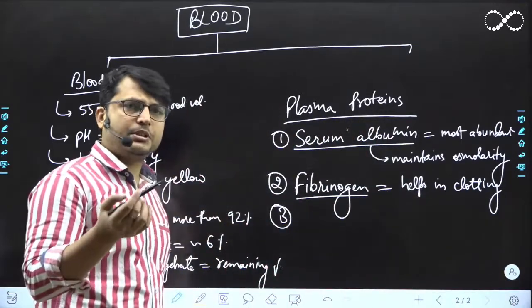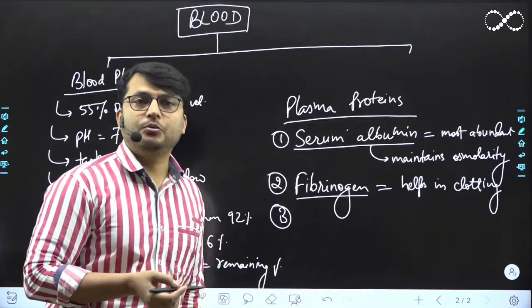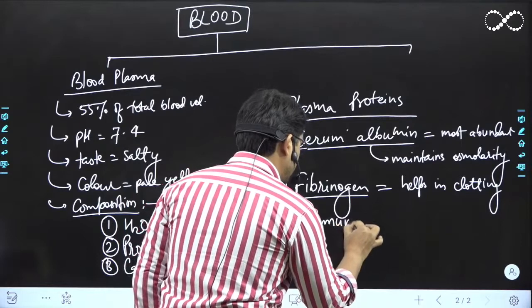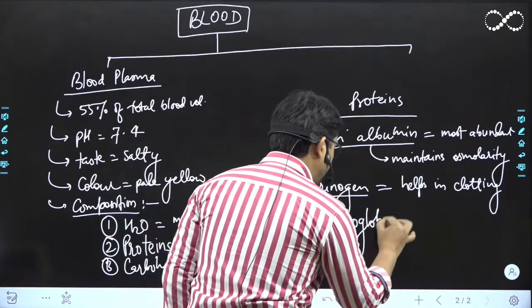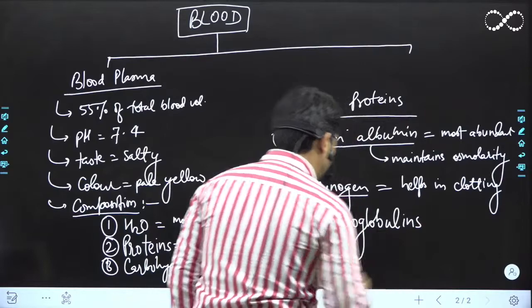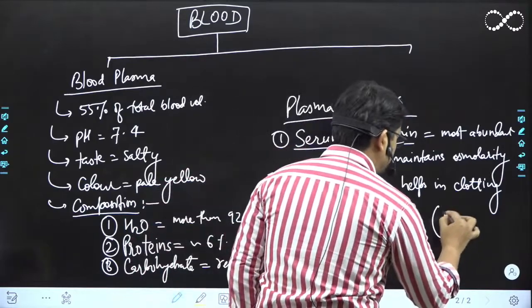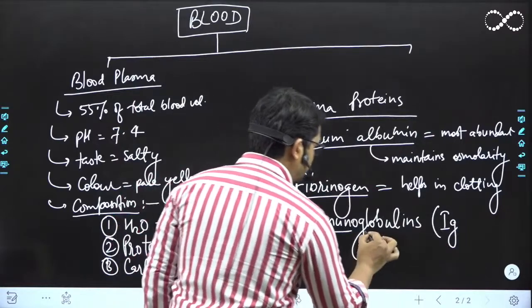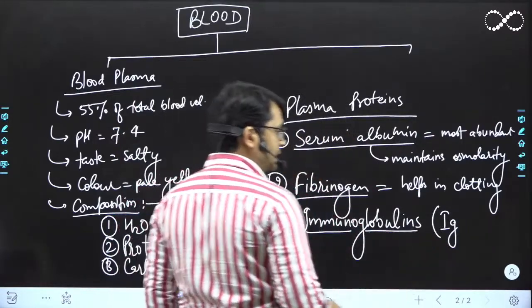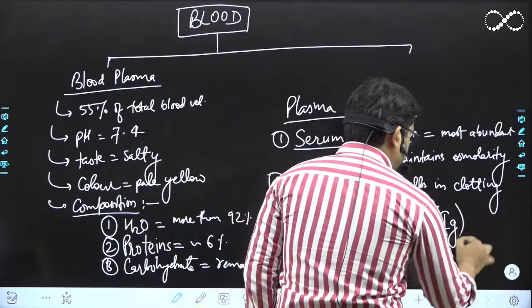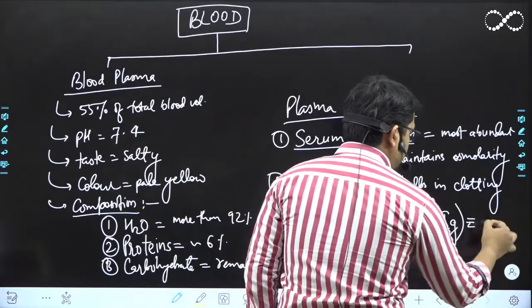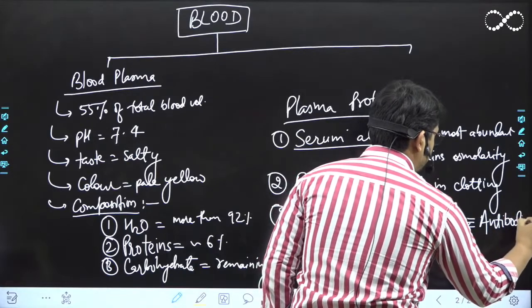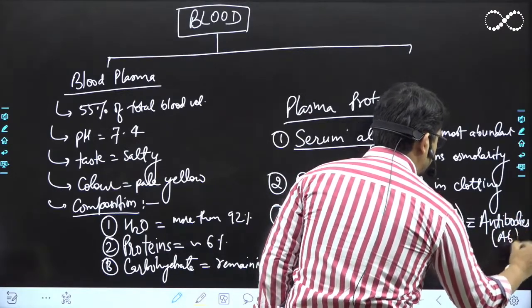The other plasma proteins mainly include the immunoglobulins. है ना, इनको शॉर्ट में हम लिखते हैं Ig, I for immuno and small g for globulin. Ig, है ना, and these Ig are also famously known as antibodies. These are antibodies जिसको शॉर्ट में हम लिखते हैं AB.